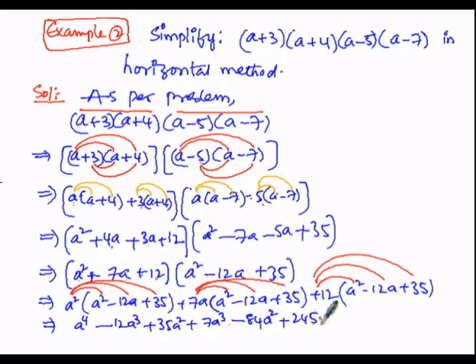Then plus 12 into a square is 12a square, minus 12 12s, plus into minus is minus, 12 into 12 is 144, only a, then plus into plus is plus, 12 35s are 420.